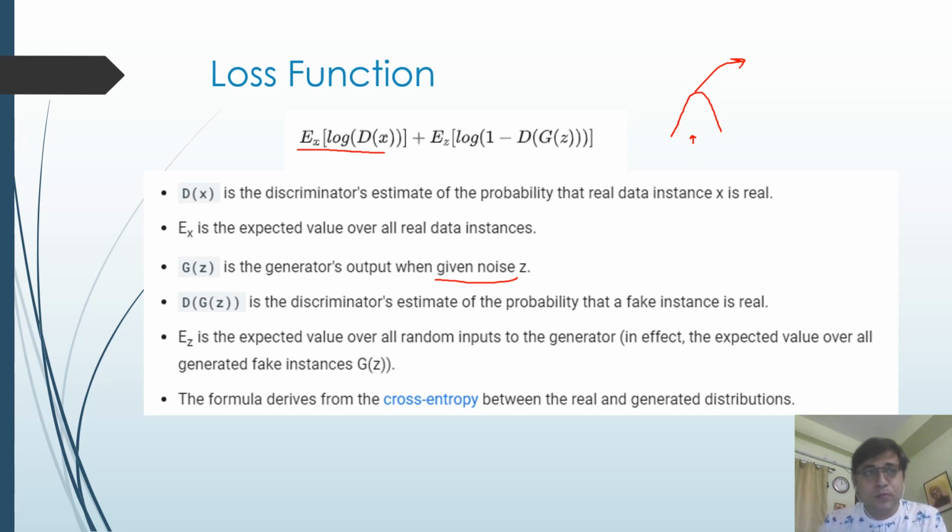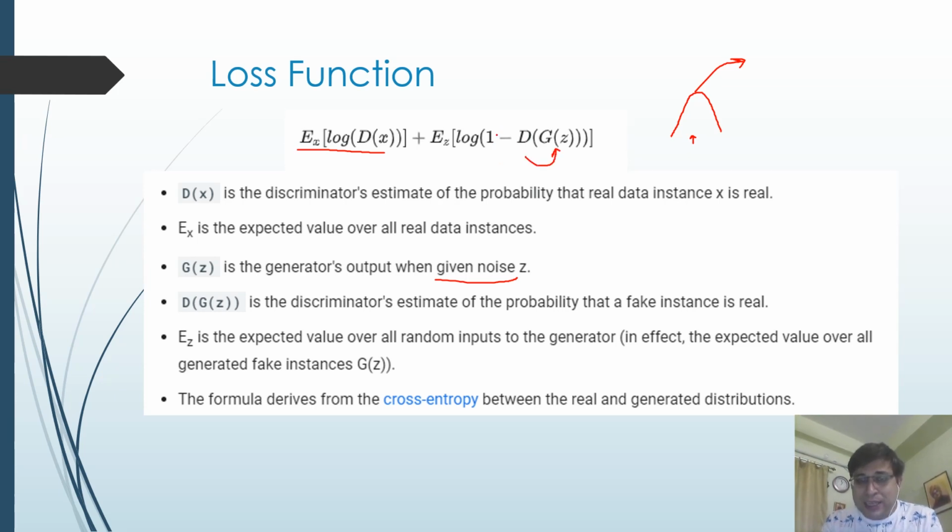So the generator takes an input z and produces G(z), which is the generator's output, and D(G(z)) is the discriminator's estimate of the probability that a fake instance is real. So what does the generator want? The generator tries to maximize this.